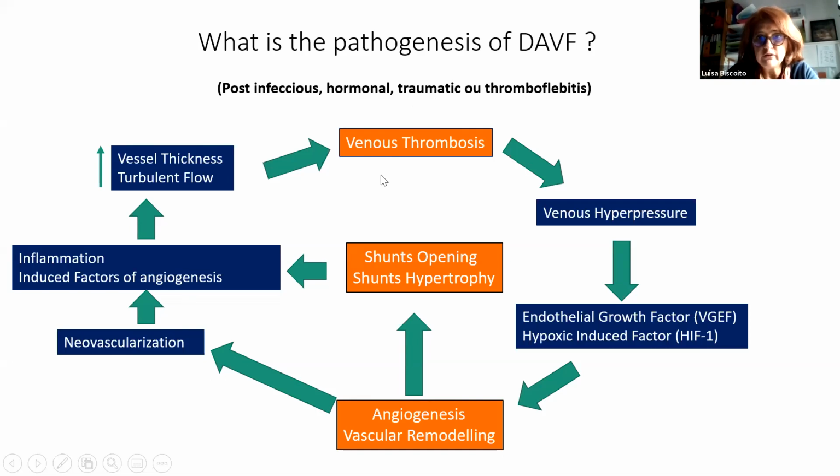And if we have venous thrombosis, we have an increase of venous hypertension that will induce the release of endothelial growth factor and hypoxia-induced factor that will induce more angiogenesis and vascular remodeling that will tend to do more neovascularization, inflammation, inducing more factors for angiogenesis, more increase of vessel thickness with high turbulent flow that will lead to more venous thrombosis.